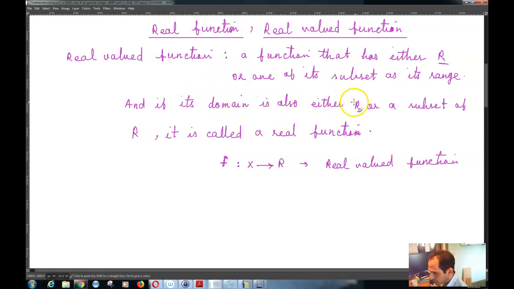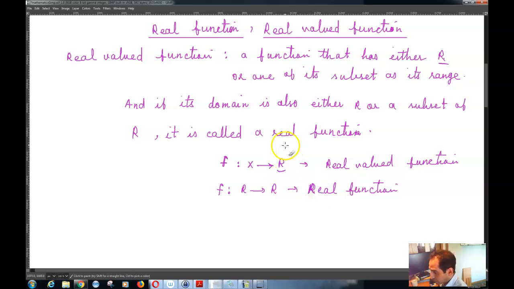Now, if the domain of this function is either R or some subset of R, meaning that, for example, in addition to the range being R, the domain is also R, meaning that you can write f goes from R to R, then this function is called a real function. And that's basically that.